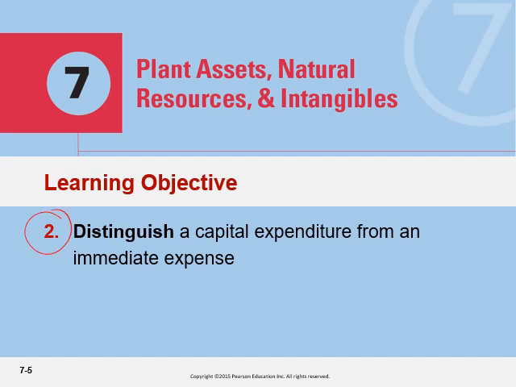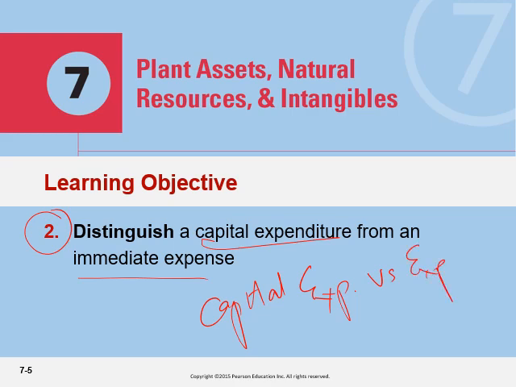Okay, now our learning objective 2, which is distinguish a capital expenditure from immediate expense. So let's talk about that. Basically, we are talking about capital expense versus the immediate expense or just expense, right?